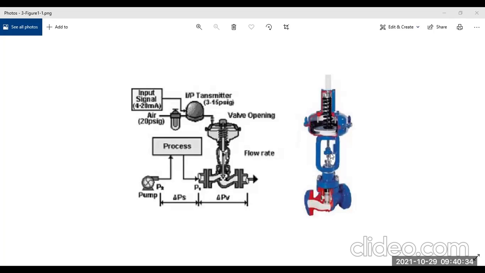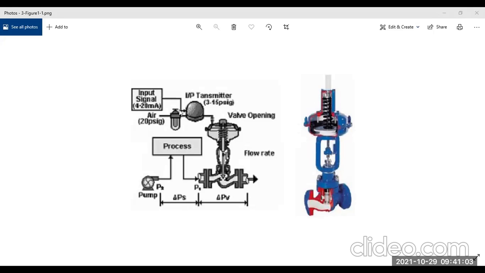These three controllers we use in our process control industries with the help of the pneumatic controller system. A pneumatic controller is a mechanical device designed to measure temperature, pressure, and level, and it transmits a corrective air signal to the final control element.